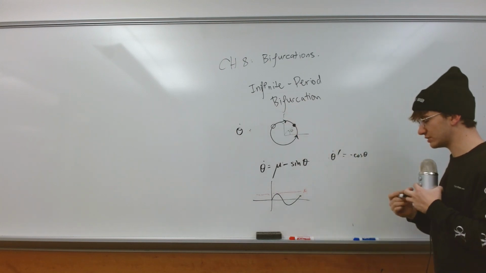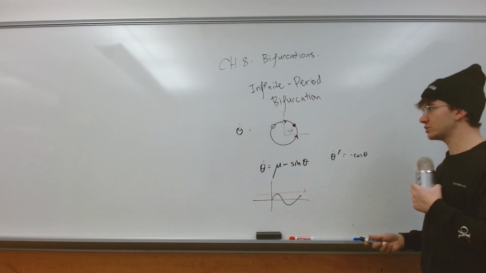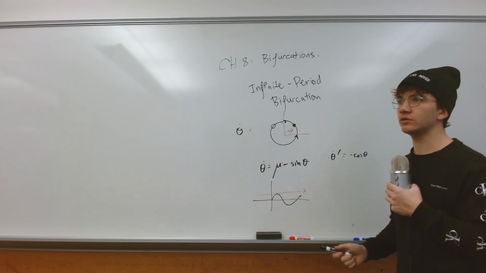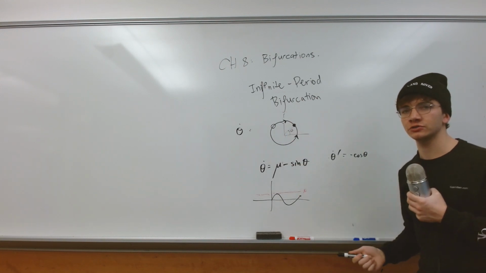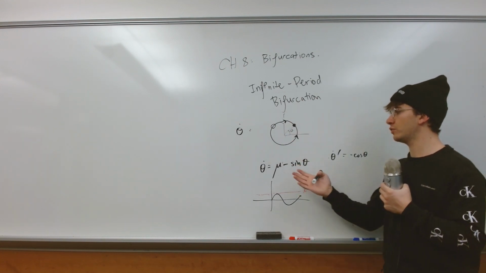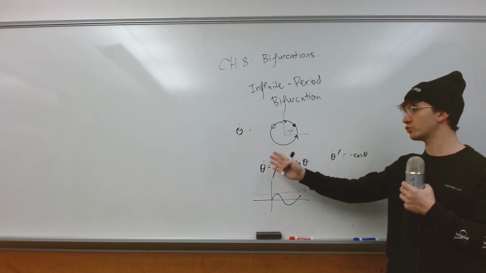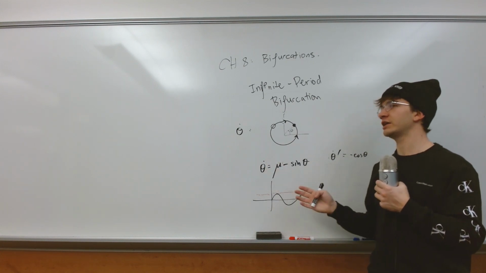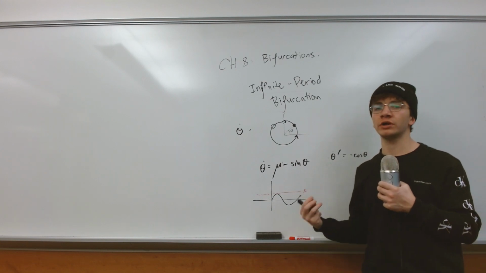All right, now let's extend this to 2 dimensions. Essentially, imagine that this is a limit cycle in 2-dimensional space, and what we could have is some sort of bifurcation where fixed points are born on a limit cycle.